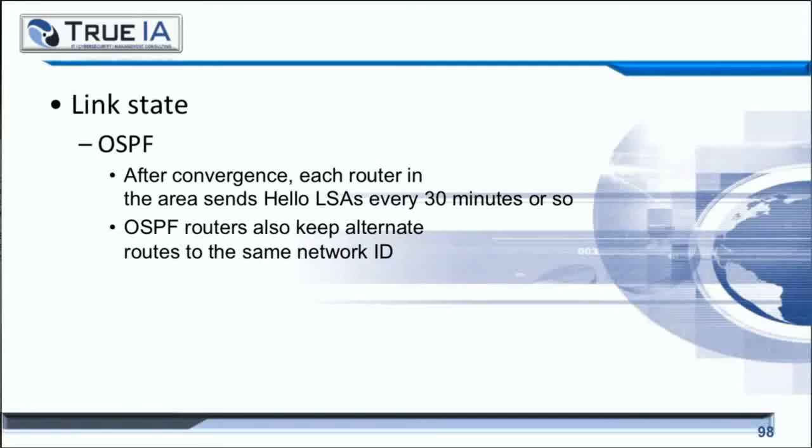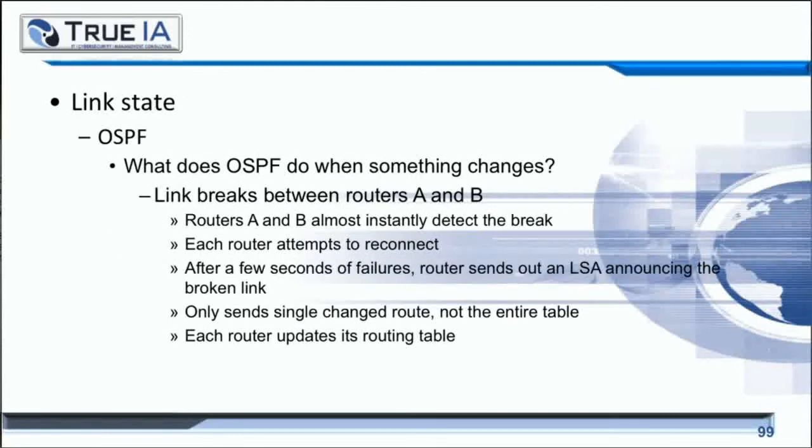After convergence, each router in the area sends hello LSAs about every 30 minutes or so. OSPF routers also keep an alternate route with the same network ID. They do this in case something changes.